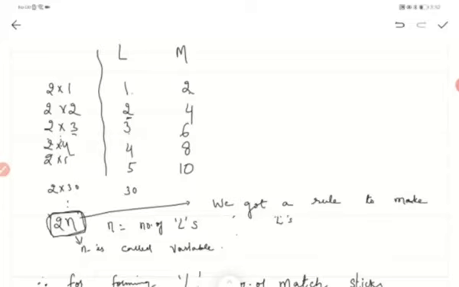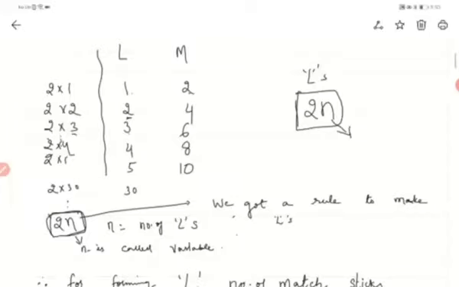So I have come to a conclusion, with an expression or rule to make L's. 2n represents the total number of matchsticks needed to create a number of L's. This n represents the number of L's we want to make, a pattern of that many L's.